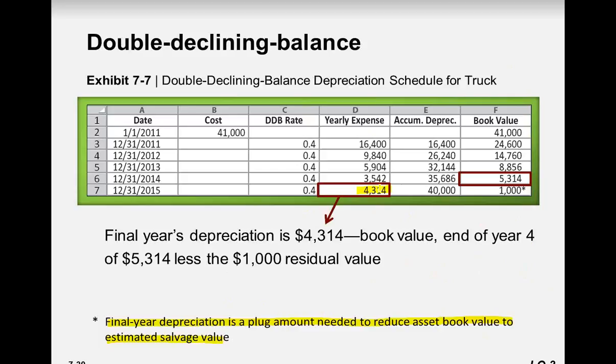And I have a question of why would it be useful for a company to use the double declining balance? The reason would be that we get to take advantage of it in the earlier years. The expense in the earlier years reduces my tax liabilities. So maybe by purchasing this piece of equipment in January, I spent this $41,000 cash in January to buy this piece of equipment.